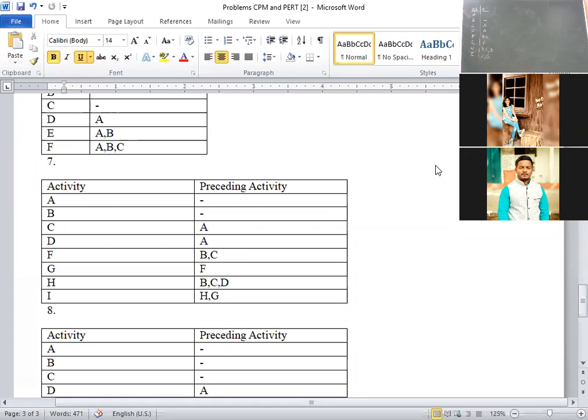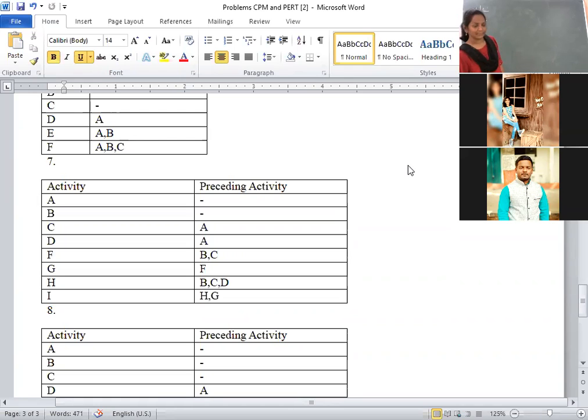Other students try it out. Sneha Rai got the answer.